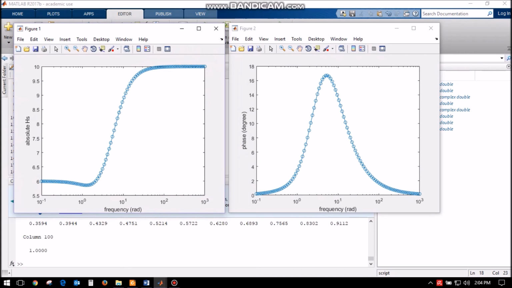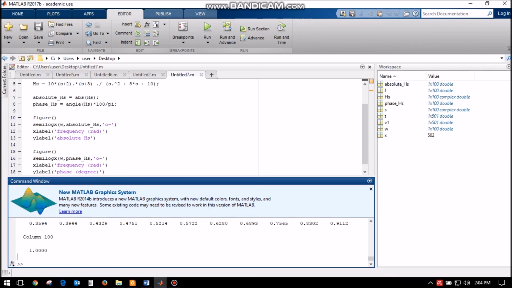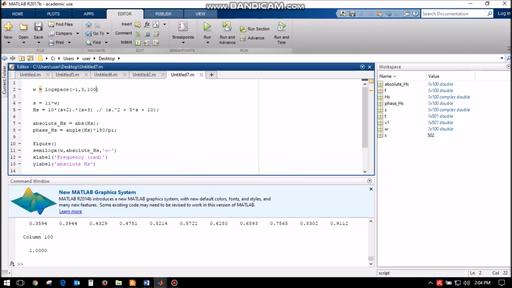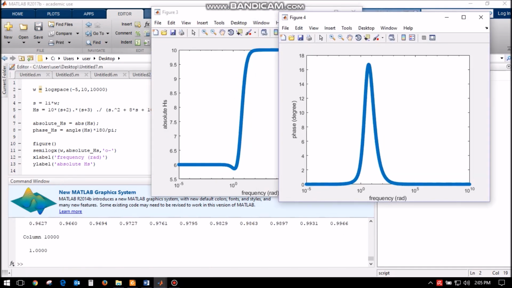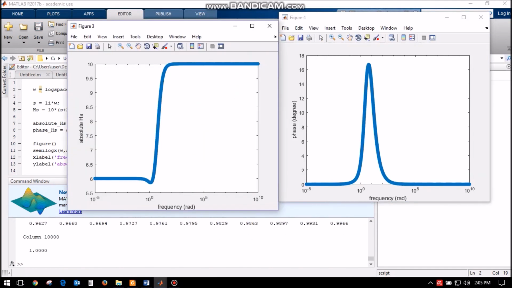Now if you're just curious, maybe you can increase this to 10,000 and further reduce this to -5, just to see what happens to the response at a much higher frequency region. Alright, so nothing much.